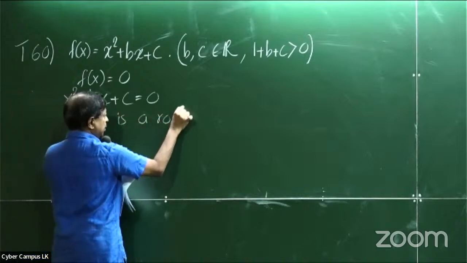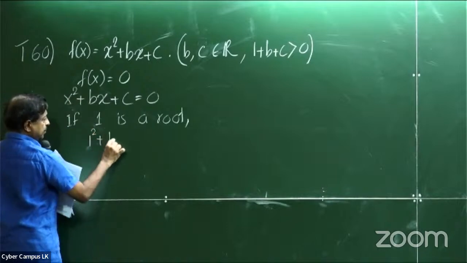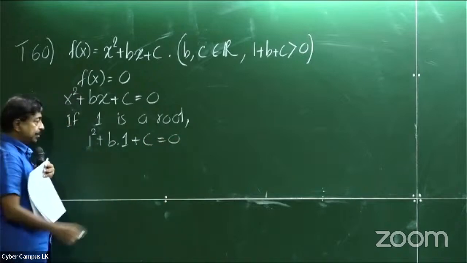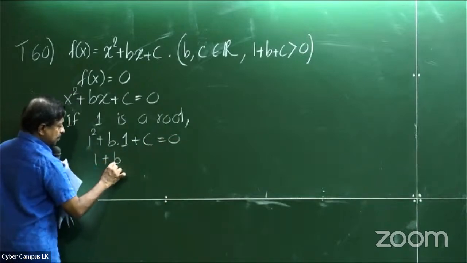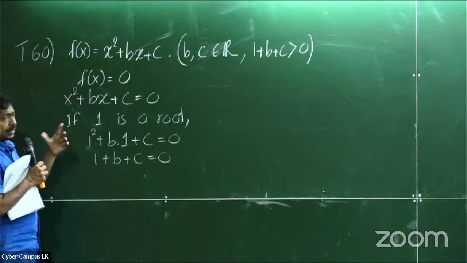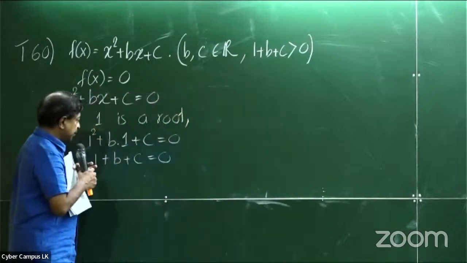If 1 is a root, it should satisfy the equation. So eventually you will end up with 1 plus b plus c is equal to 0. However, it's given in the hypothesis that 1 plus b plus c is greater than 0.